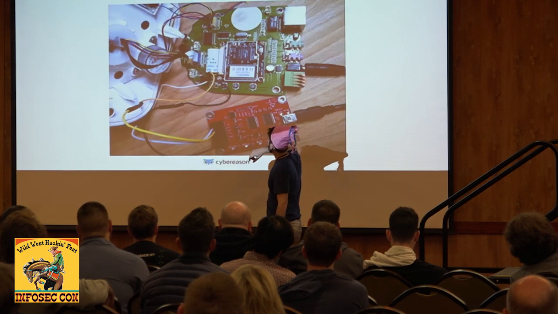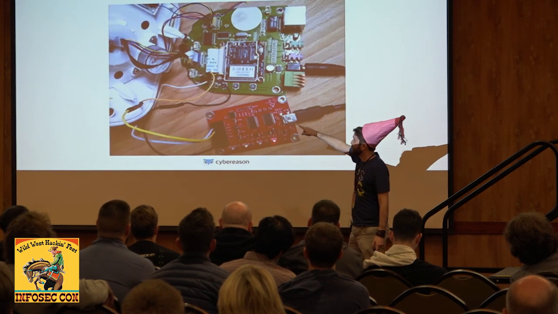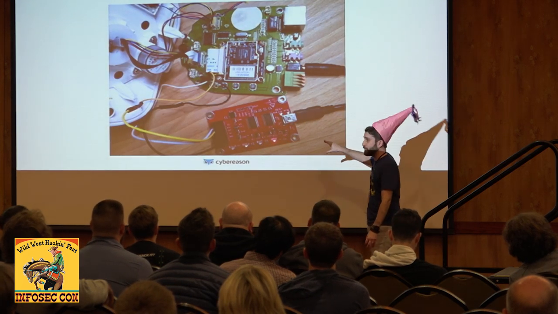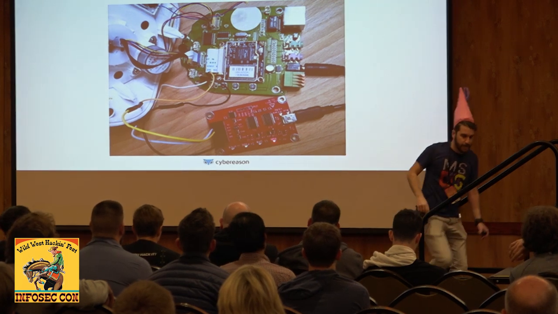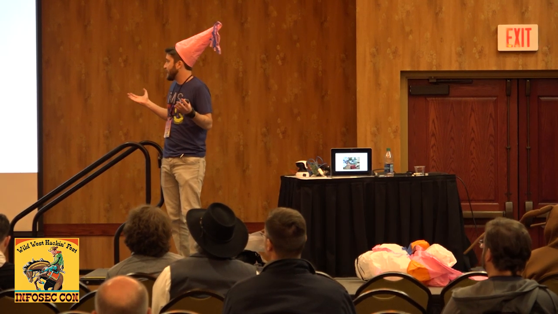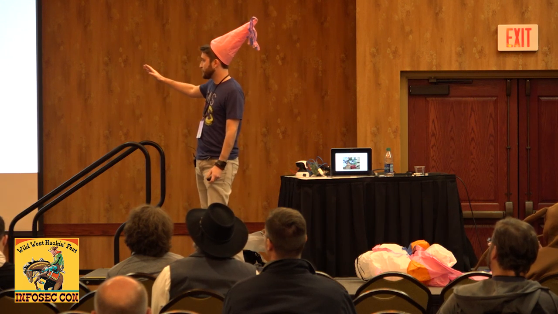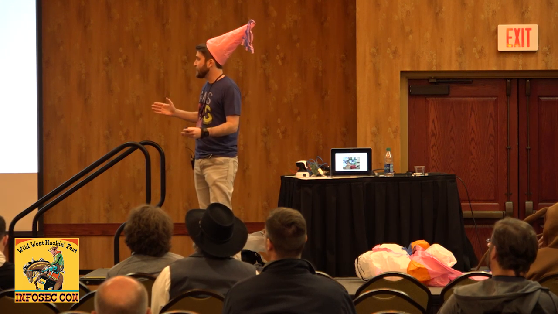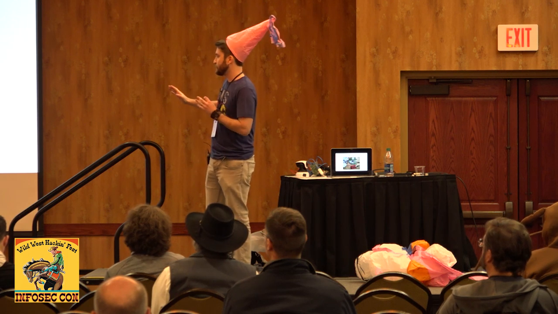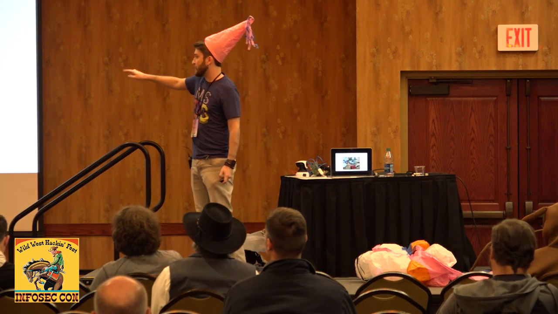But what we did is we found the UART headers on that board. If you don't know what UART is, it's basically a serial interface that you connect to, and it gives you access as if you had a monitor and a keyboard connected directly to the board. If everything works out, usually you get a root shell, but you have to do this ugliness.